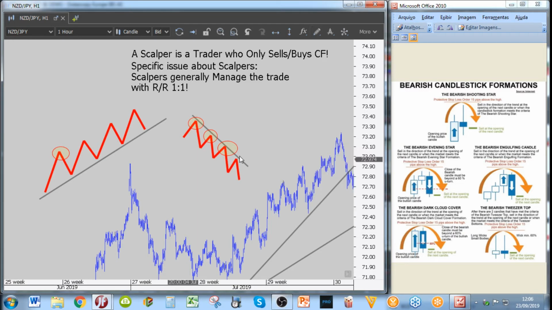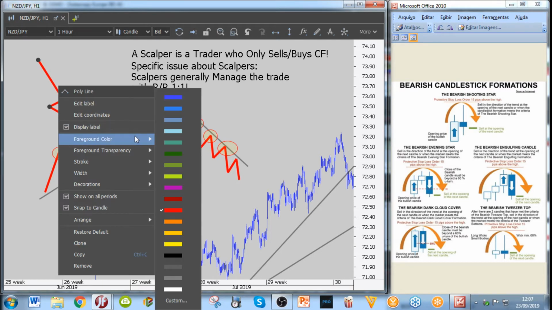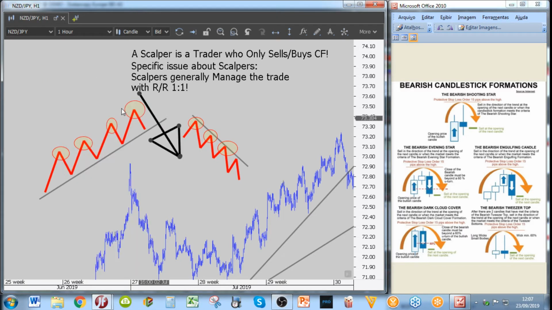There are statistics for about 20 years, and it's not the same. But this is common sense, right? So if I'm a scalper and I'm going to sell or buy, in this example today we're going to sell bearish candlestick formation, should I sell bearish candlestick formations in an uptrend, or should I sell bearish candlestick formations in a downtrend?